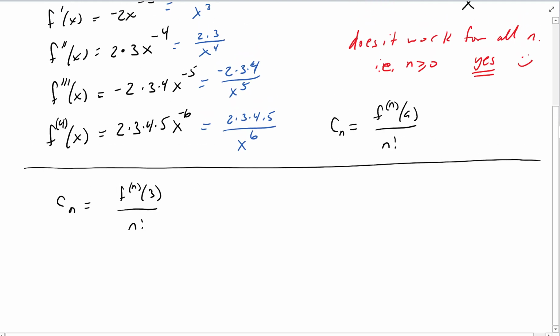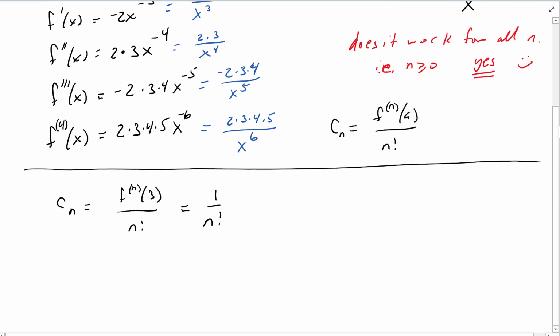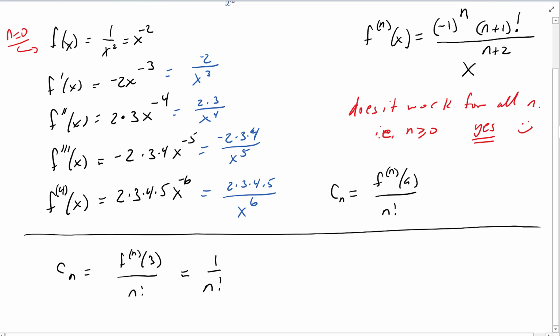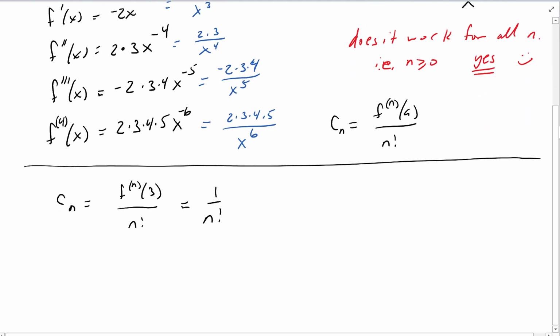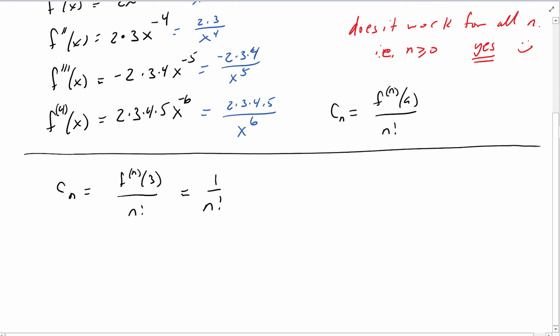And if we look at this, I'm going to write this as a 1 over n factorial out front, and the reason I do that is because my nth derivative is already a fraction. Minus 1 to the n, n plus 1 factorial, over x to the power. So this is going to give me minus 1 to the n, n plus 1 factorial, and this is 3, because 3 is our x value, to the n plus 2.